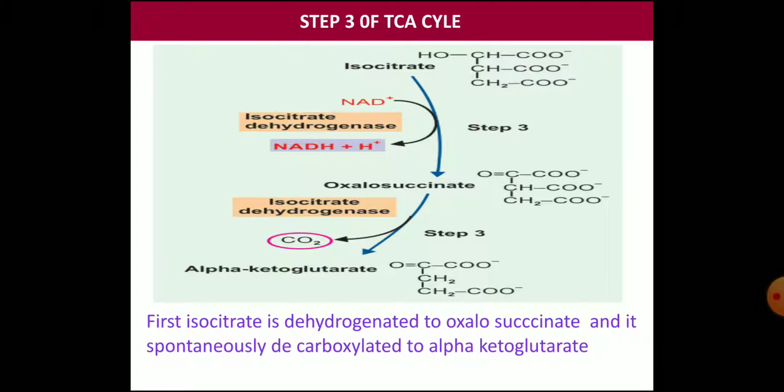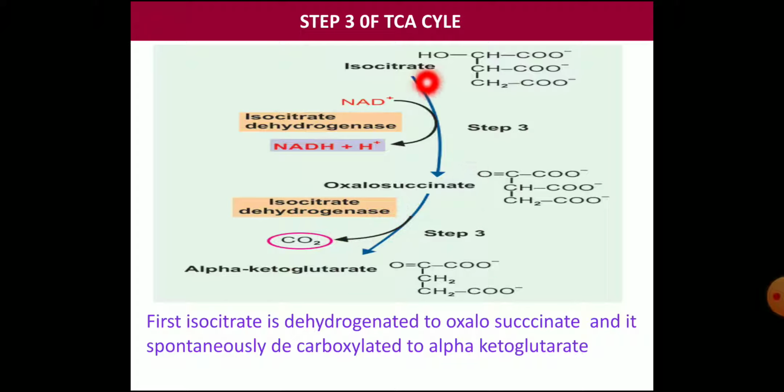Now the third step: isocitrate is first dehydrogenated by isocitrate dehydrogenase using the coenzyme NAD, and NADH plus H is released, and the product formed is oxalosuccinate. Now the oxalosuccinate is spontaneously decarboxylated by the same enzyme, isocitrate dehydrogenase, to produce alpha ketoglutarate.